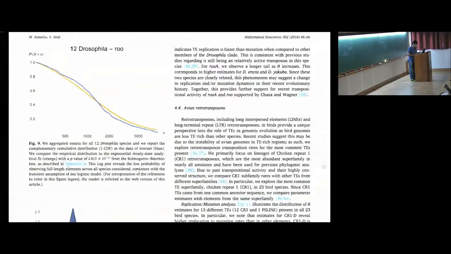And in this particular plot, the x-axis is the length of the element they're talking about, and the y-axis is the probability of finding a transposable element greater than that length.